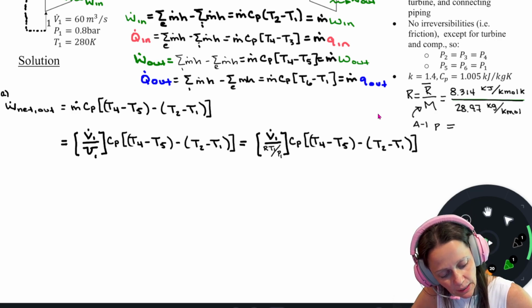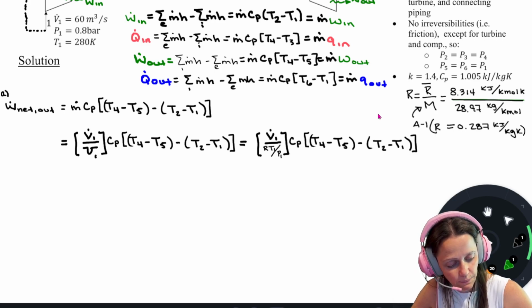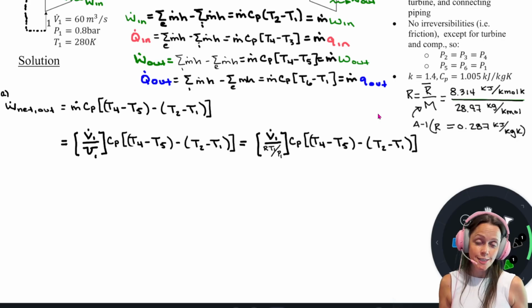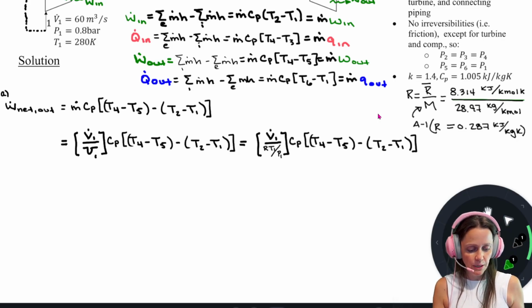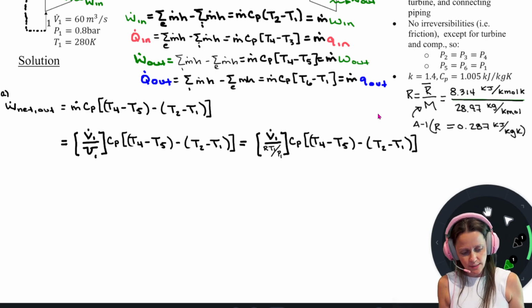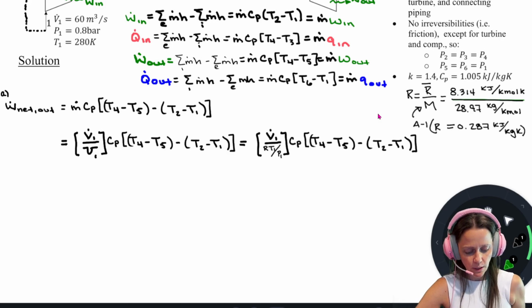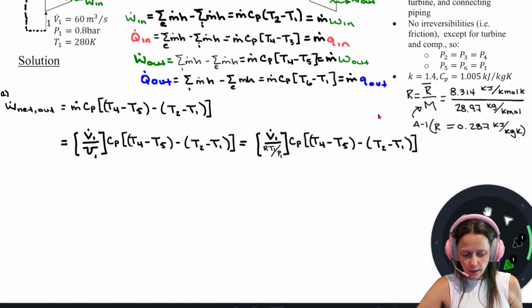So you end up getting a specific gas constant of 0.287 kilojoules per kilogram K. Your universal gas constant is a per kilomole quantity. Your specific gas constant is on a per mass basis, so kilojoules per kilogram K. All right, so I think we've almost got things.